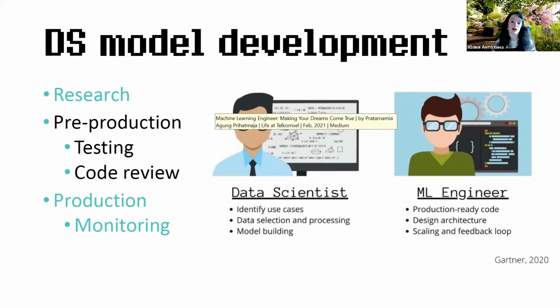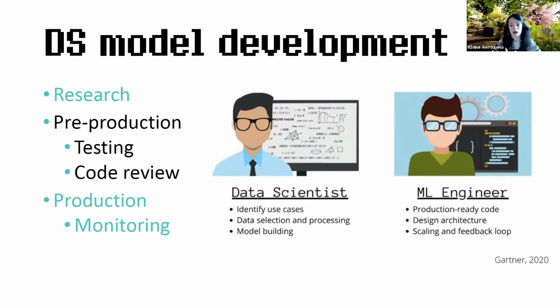In English-speaking companies, sometimes the profession of data scientist is split into data scientist itself and machine learning engineer. The data scientist is doing mostly research, and the engineer is writing production-ready code, making architecture for your model, and so on.